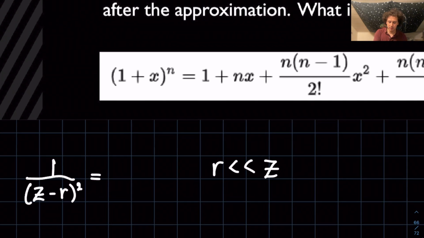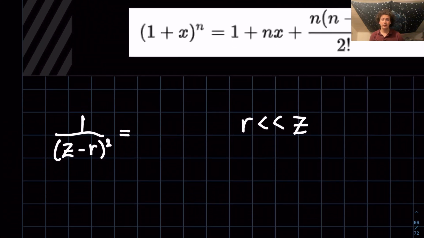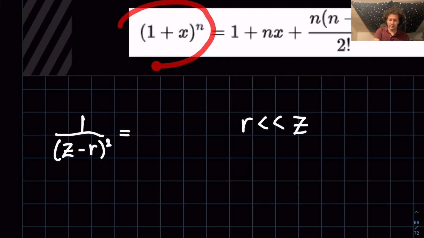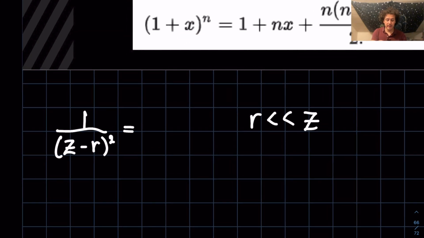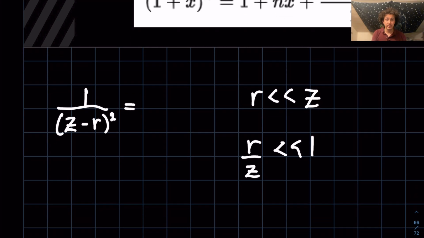So z is the larger item in here. And our binomial theorem right here, 1 plus x to the n, is used if x is much, much smaller than 1. So if we divide r by z, then it'll be much, much smaller than 1 and it'll satisfy this condition.